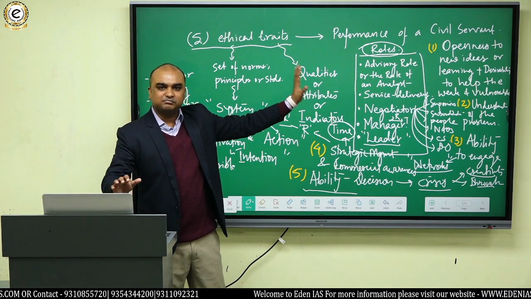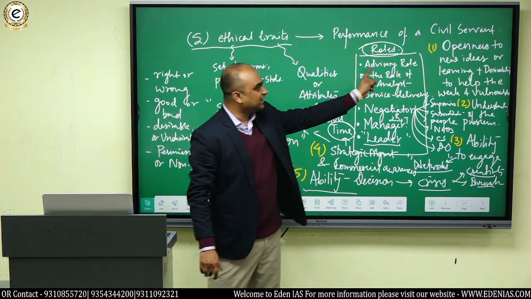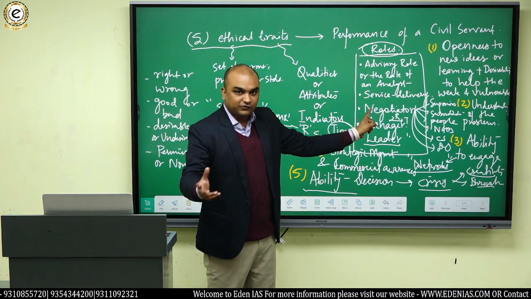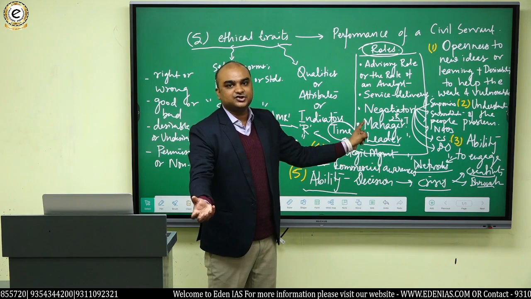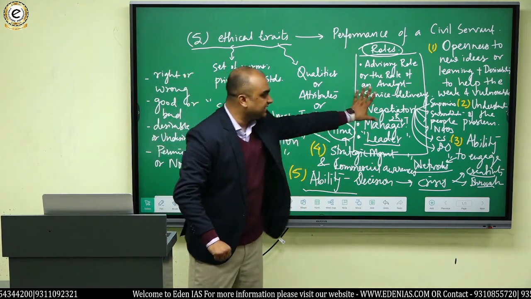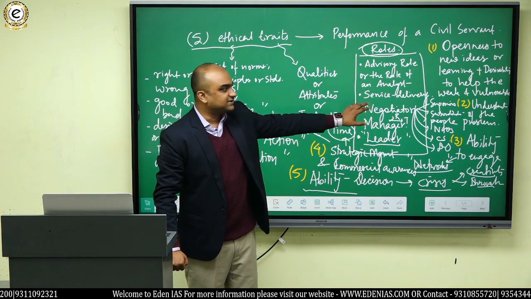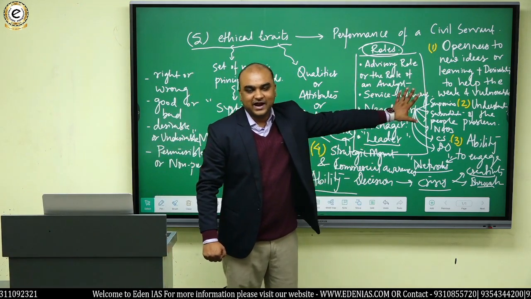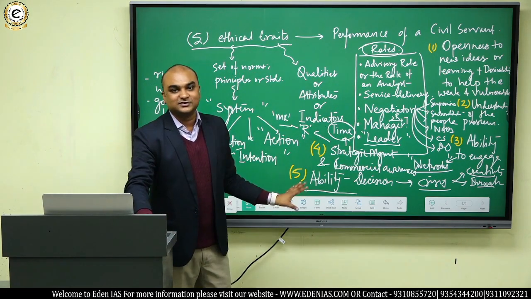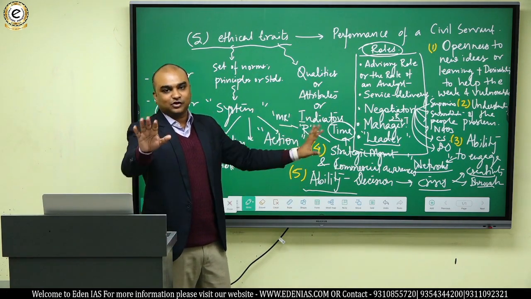The civil servant plays 5 primary roles: advisory role and the role of an analyst, service delivery role, the role of a negotiator, the role of a manager and leadership roles. These are the 5 primary roles that any civil servant plays. And what are the 5 ethical attributes now? They must be seen in the light of these roles, the roles that are expected of a civil servant.